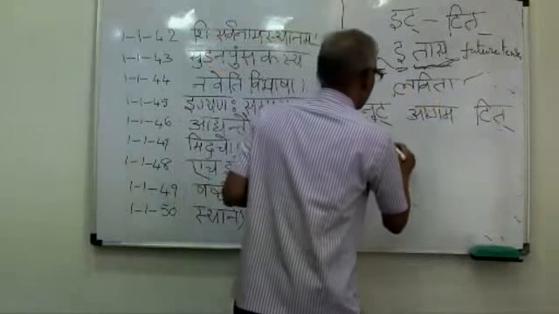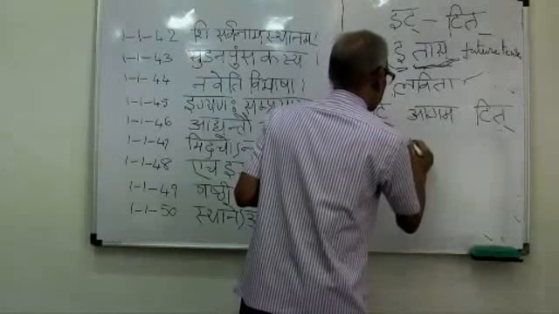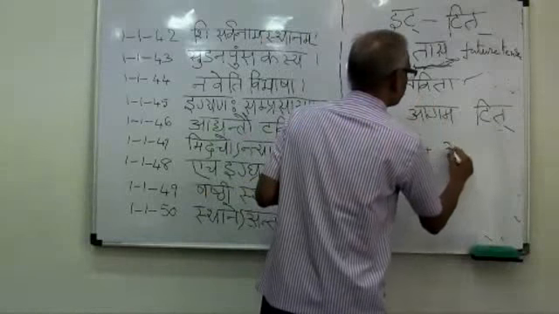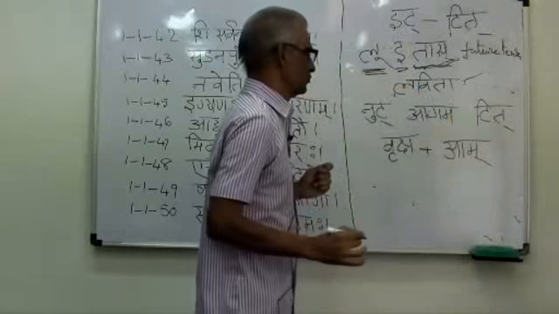For example, we will take a word where this nudagama is imposed. Ruksha shabdaha. Ruksha plus am. Am is sashti vibhakti bahuvachanam.